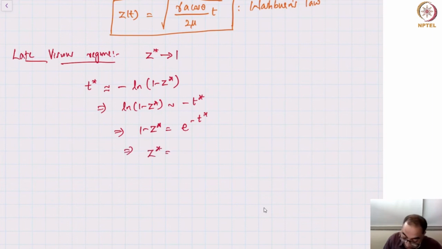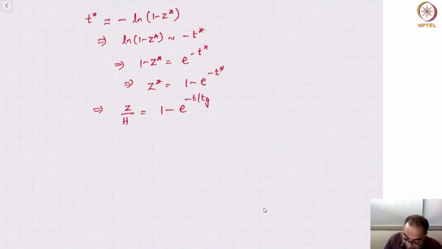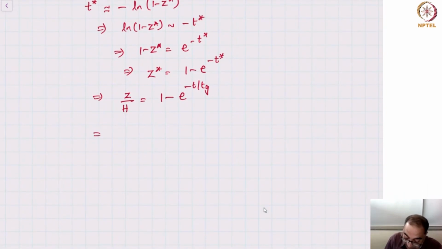Z star is 1 minus exponential of minus T star. Or in other words, Z over H is equal to 1 minus e power minus T by Tg. Or in other words, Z of T is equal to H of 1 minus e power minus T by Tg.